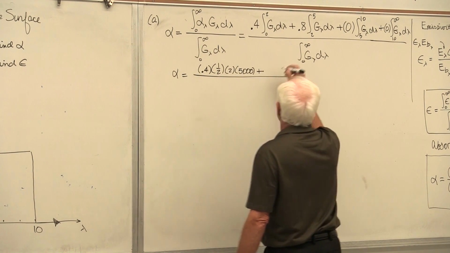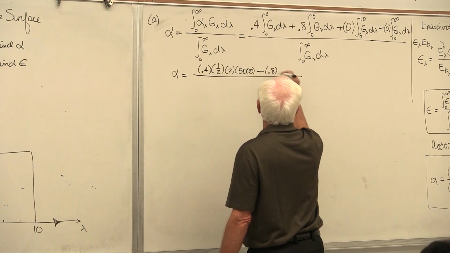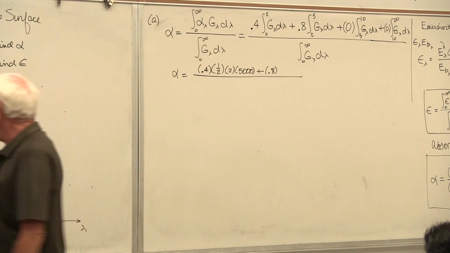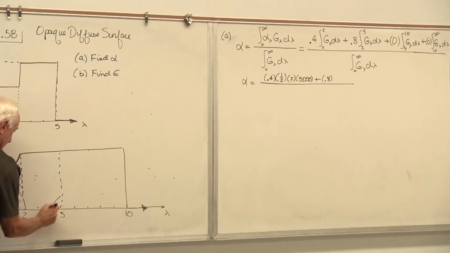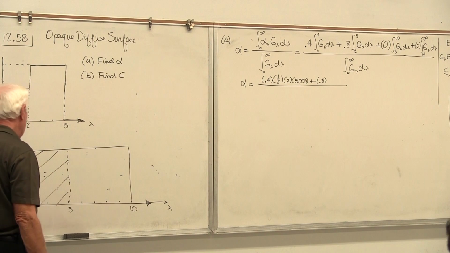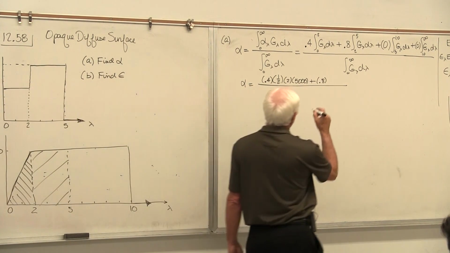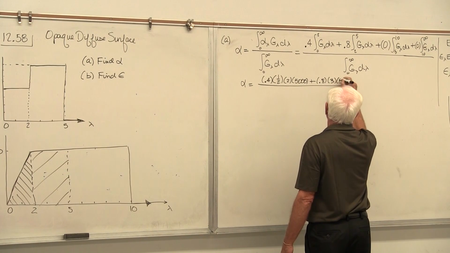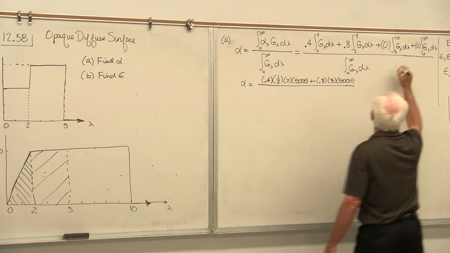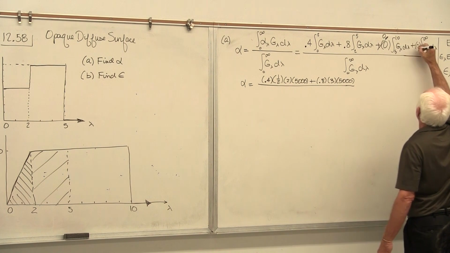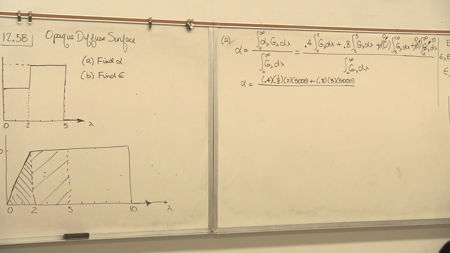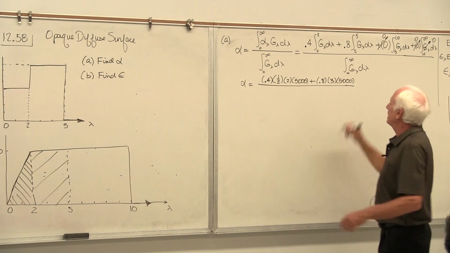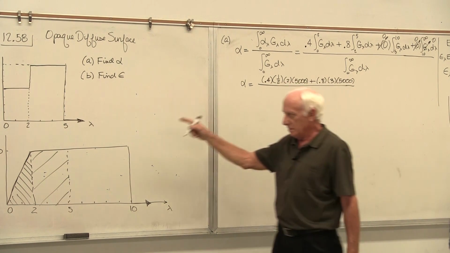Plus 0.8 times the area under the G lambda graph from 2 to 5, a rectangle, 3 by 5,000. This guy, 0, this guy, 0. G lambda here is 0, alpha lambda is 0.